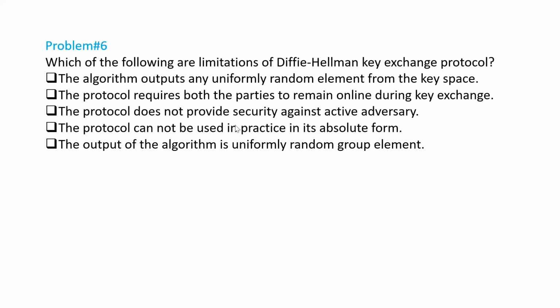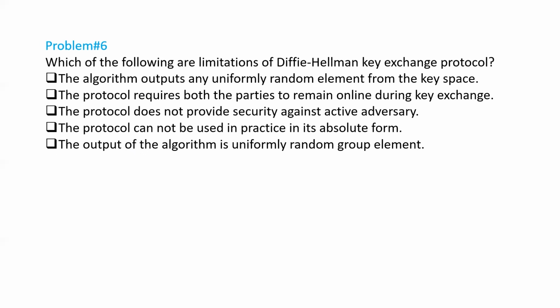Otherwise, this communication won't happen, and each of them will be stuck if they don't get communication from the other party. 2 is correct, but 1 is not correct actually. The algorithm does not output any uniform random element from the key space. It outputs some uniform random element from the group, the cyclic group that we are considering, right?